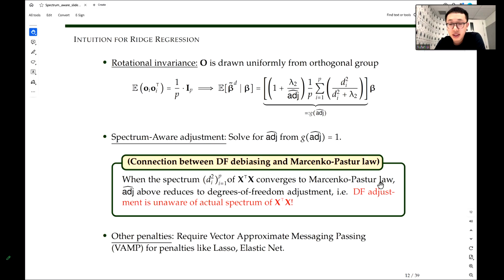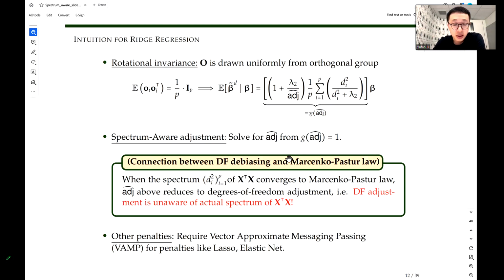So what this says is that the degrees of freedom adjustment implicitly assumes that the spectrum of the sample covariance matrix looks like a Marchenko-Pastur law, which does not necessarily hold in real data. In fact, most design matrices have sample covariance matrix spectra that look very different from Marchenko-Pastur law. So our method is basically to get rid of this assumption and just look at the actual spectrum of the design matrix.